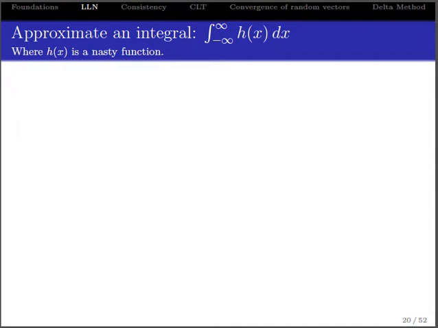Here's a nice trick, and I believe that this is Monte Carlo integration, which I believe was invented by somebody in the Manhattan Project during World War II when they were busy working on the atom bomb.